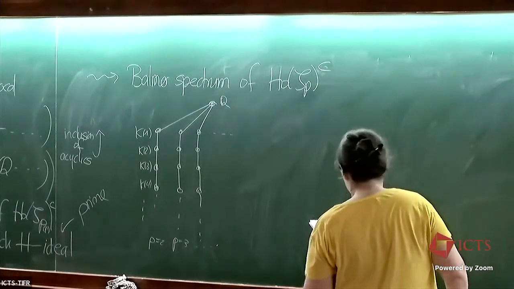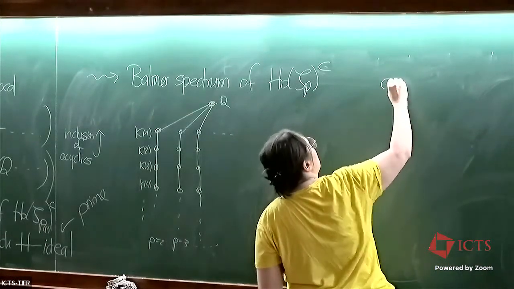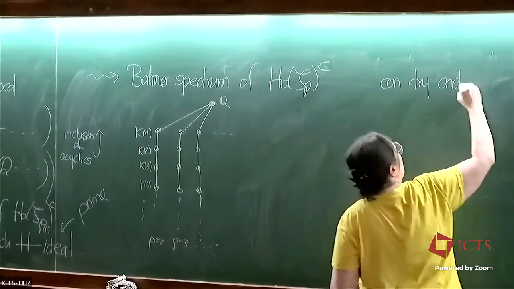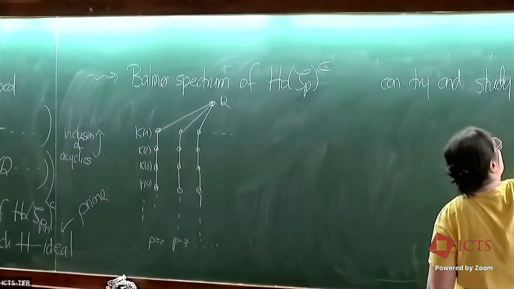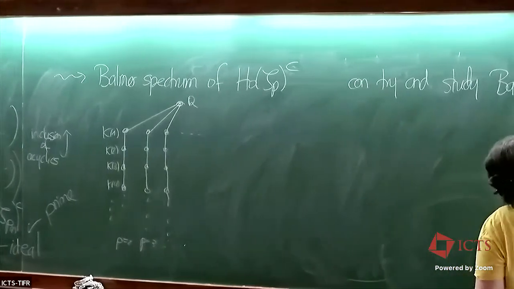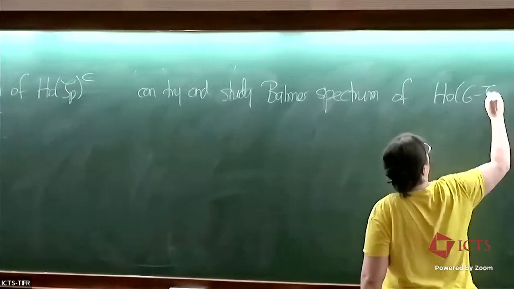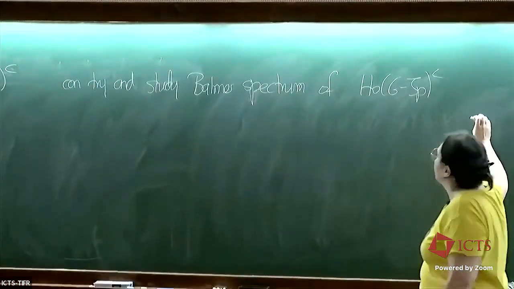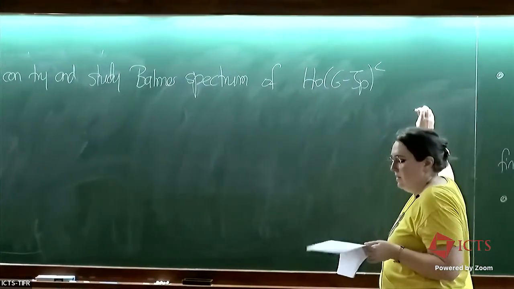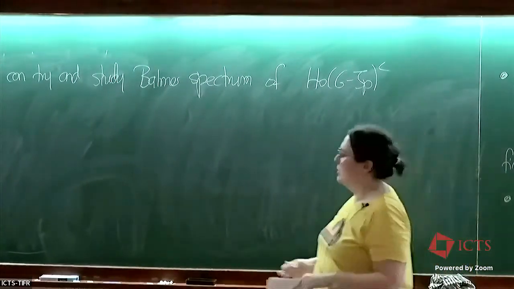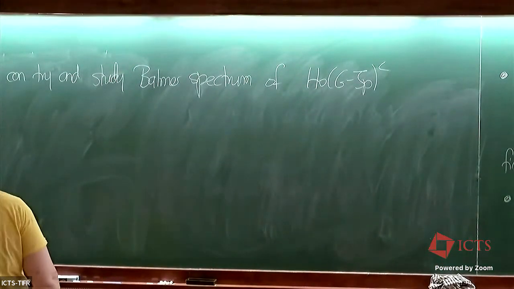So if I fix some group G, then I could study the Balmer spectrum of compact objects in a homotopy category of G spectra for some fixed group G. And ask, well, first of all, one needs to ask, so what are the thick prime ideals in there?